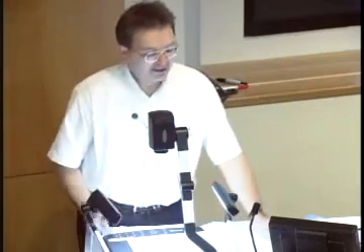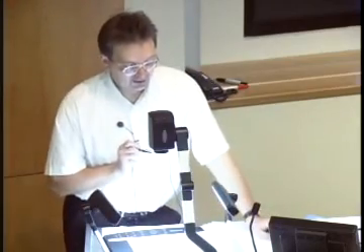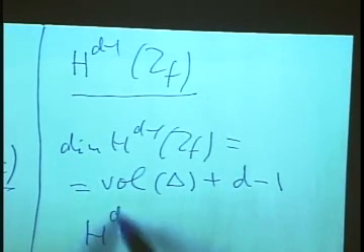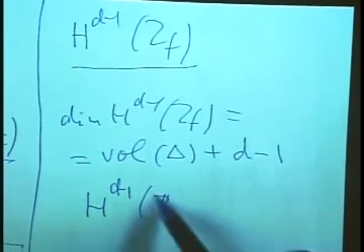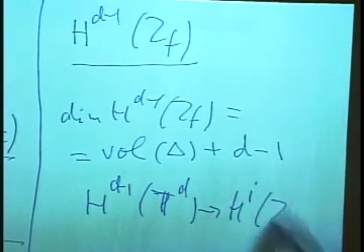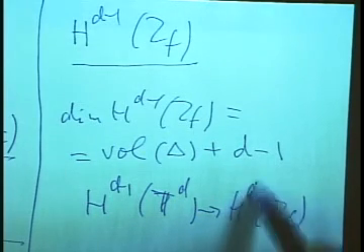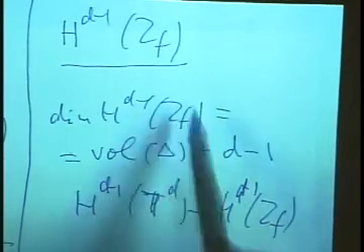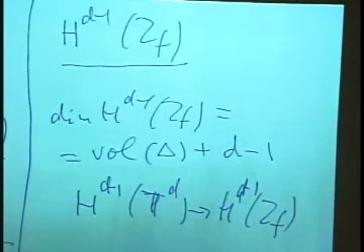But it's not the only fact I need. As I said, we have a restriction mapping from the cohomology of the torus of degree d minus 1 to the cohomology of the hypersurface, and it is injective. That means there are some classes in this group coming from the torus.